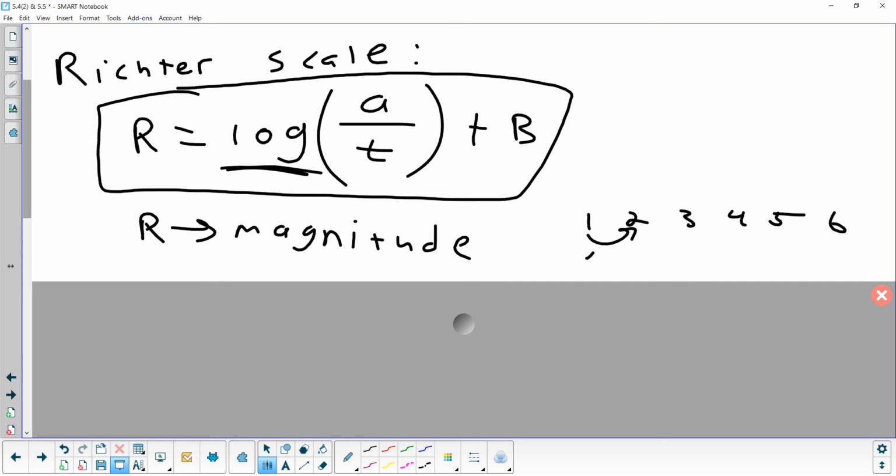Well, it's a factor of 10. It's kind of like pH in chemistry. If you have something that jumps one number, that's 10 times more acidic or basic. And then when you go from a 2 to a 3, that's another factor of 10. So now if you compare a magnitude 3 to a magnitude 1, magnitude 3 is 100 times more powerful than a magnitude 1. So it's a big difference when you just go up one number, okay? Because it's a logarithmic scale.